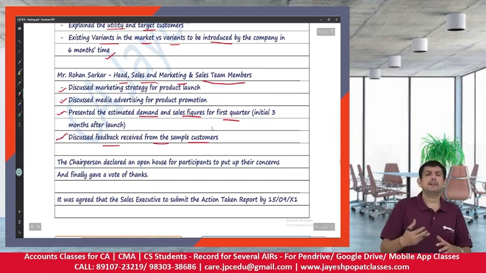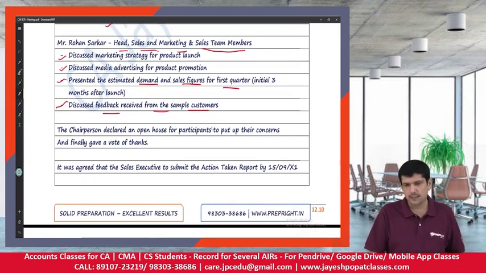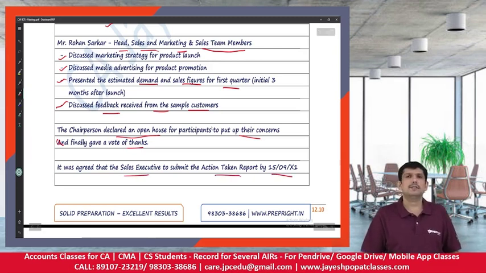So you made certain samples and distributed them among your customers to take their feedback. And finally, the chairperson declared an open house for the participants to put in their concerns, and finally gave a vote of thanks.